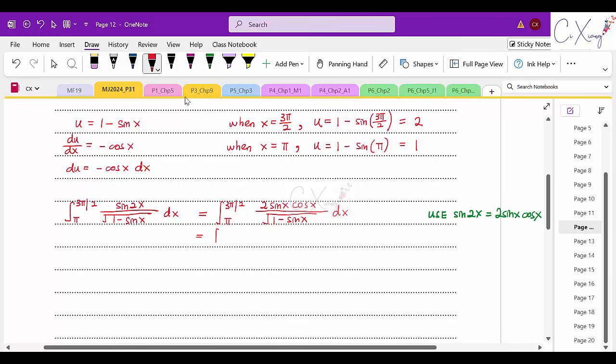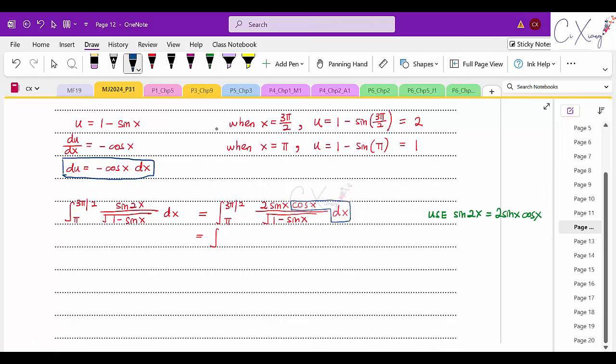Okay, so next step, I want to change all the values slowly. First of all, I want you to have a look at this part. Cos x dx can be replaced by negative du. So cos x dx can be, I bring the negative over, then I will have negative du.